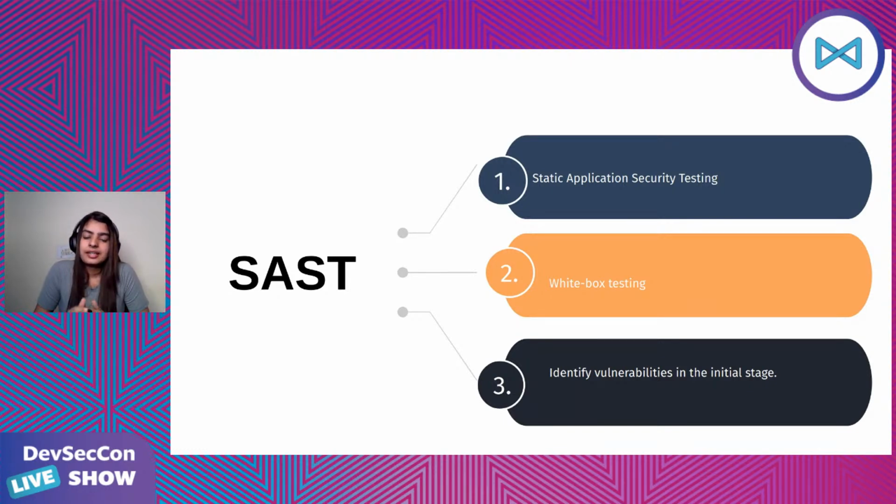The application is tested inside out, and it helps in identifying vulnerabilities in the initial stage of development and quickly resolving issues without breaking builds or passing on vulnerabilities to the final release of the application. Now I will be showing the demo on GitHub Actions.